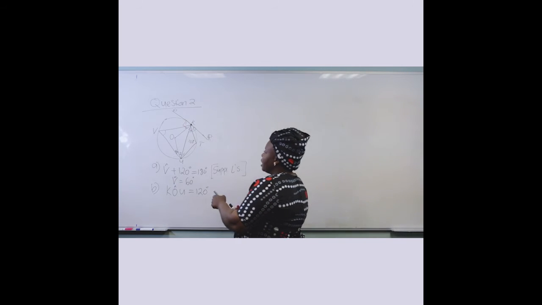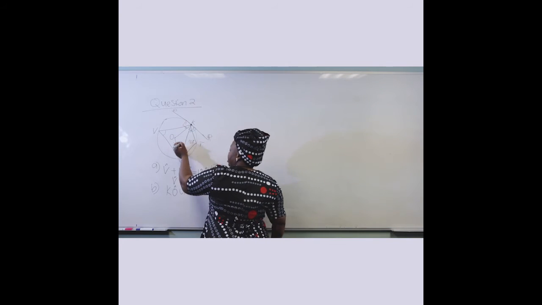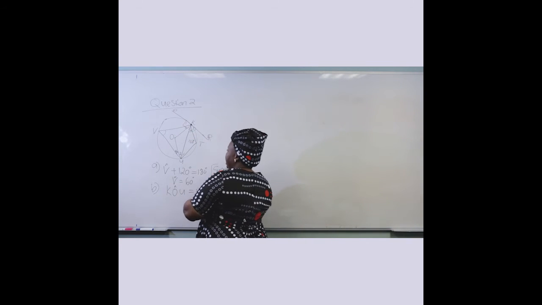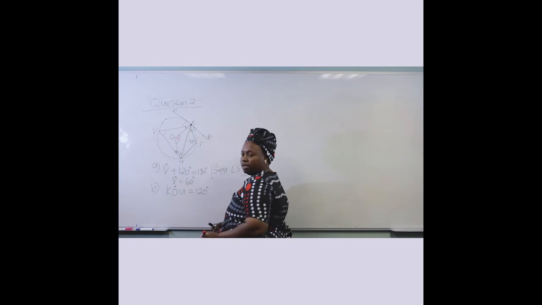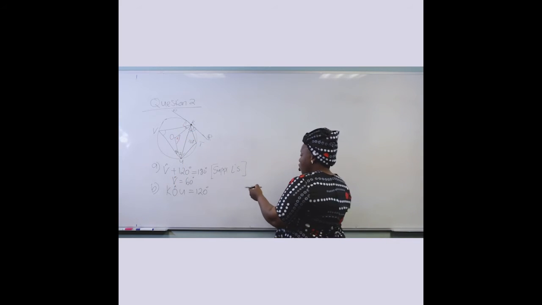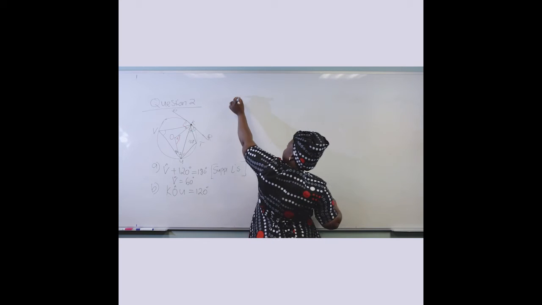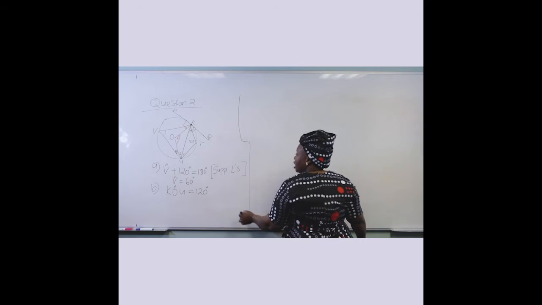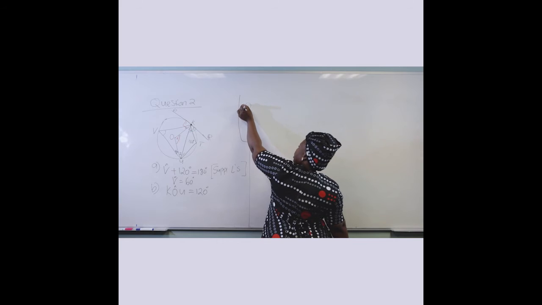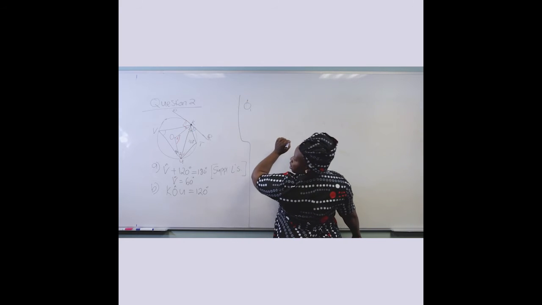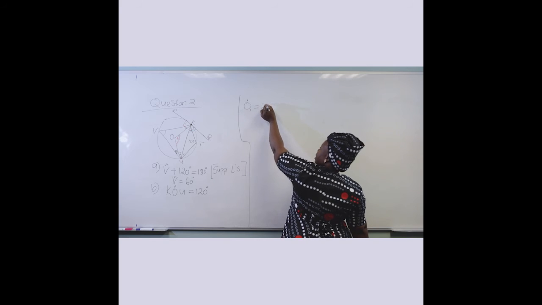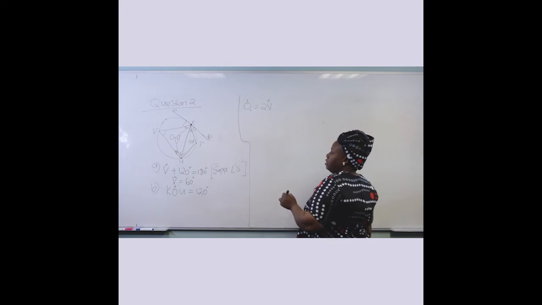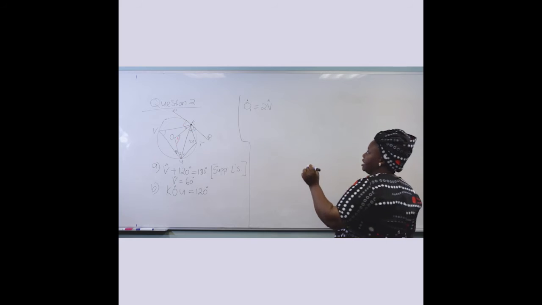We said the angle at the center is twice the angle at the circumference. So this is the angle that we are talking about at the center. Let's call it O1. So O1 equals 2 times angle V, meaning the angle at the center is twice the angle at the circumference.